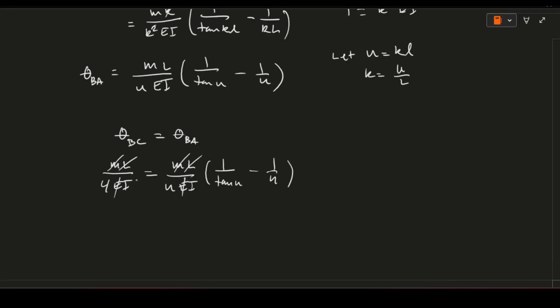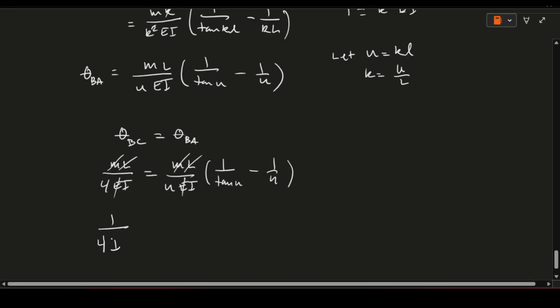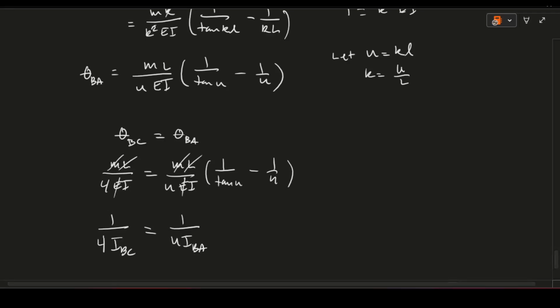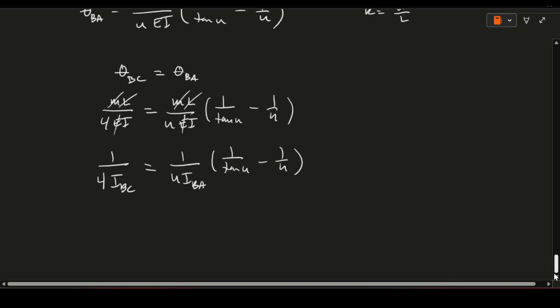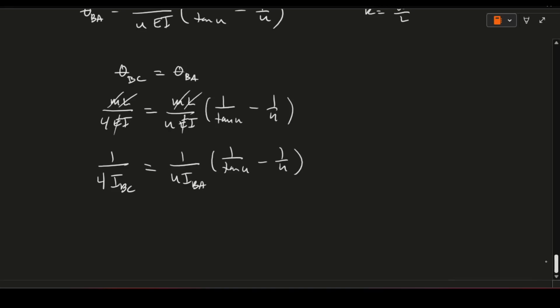So we are left with, at the BC side, 1 over 4 times I_BC equals 1 over u I_BA times 1 over tangent u minus 1 over u. And I want to solve for tangent u.